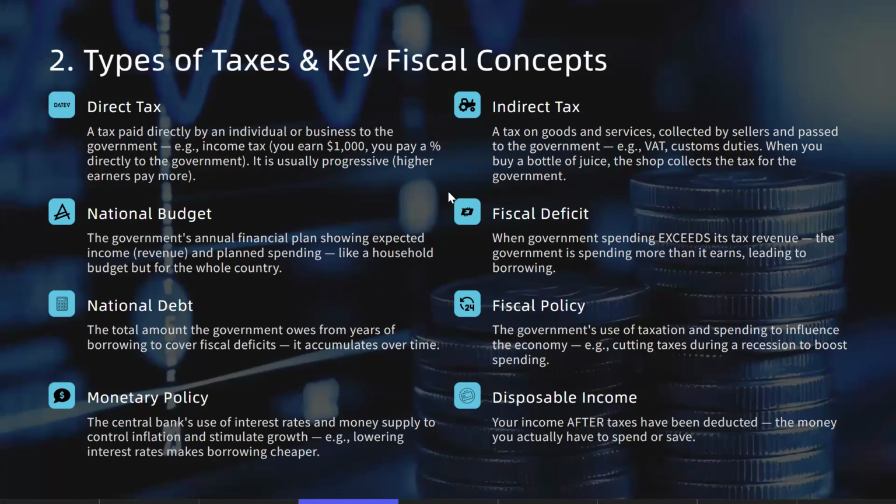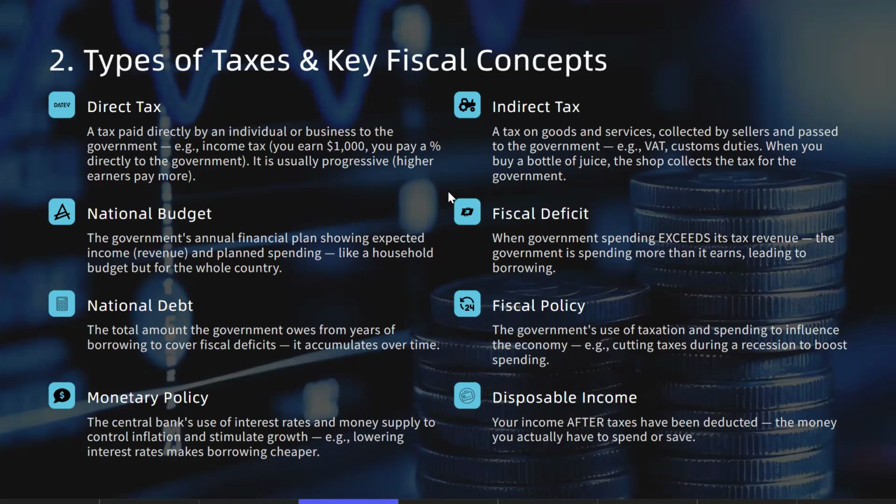And let's look at the different types of tax. And again, if you did PUB, you would have looked at the different types of tax. There's direct tax and there's indirect tax. Direct tax comes straight from you and goes straight to the government.